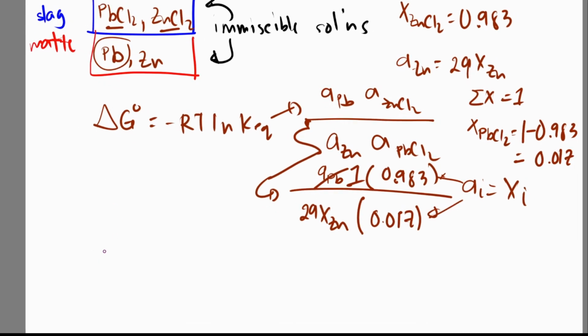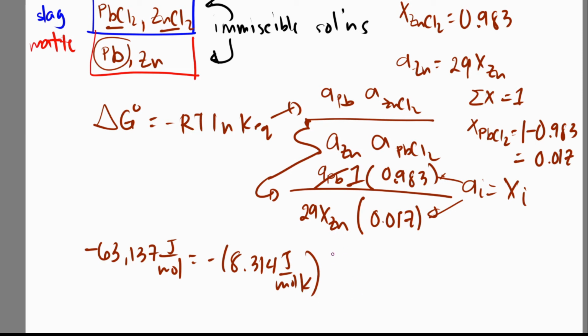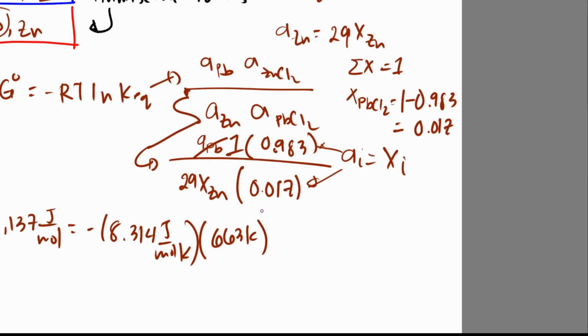Going back to our delta G equation, delta G naught is equal to negative 63,137 joules per mole. It's equal to negative R, negative 8.314 joules per mole Kelvin, temperature is 663 Kelvin, times ln of 0.983 over 29 X of Zn times 0.017.